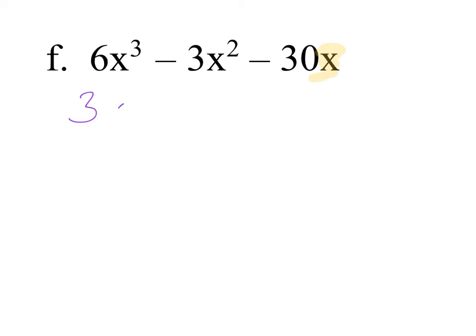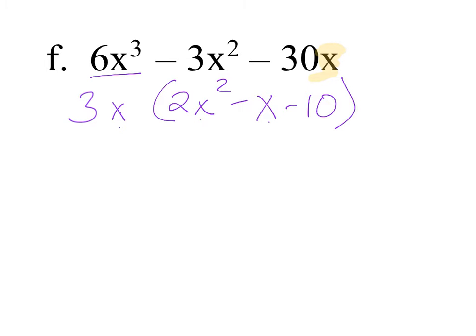All right, so if I pull out a 3x, this term becomes 2x squared because 2 times 3 is 6, and x squared because x squared times x is x cubed. My next term is x alone because 3x times x gives me 3x squared. The next term is 10 alone because 3x times 10 is 30x.